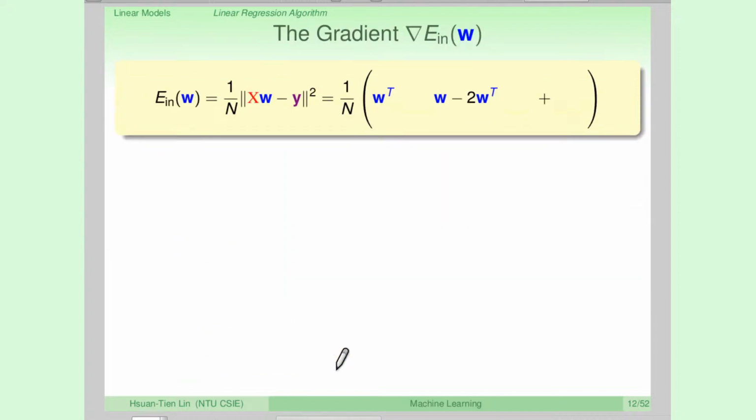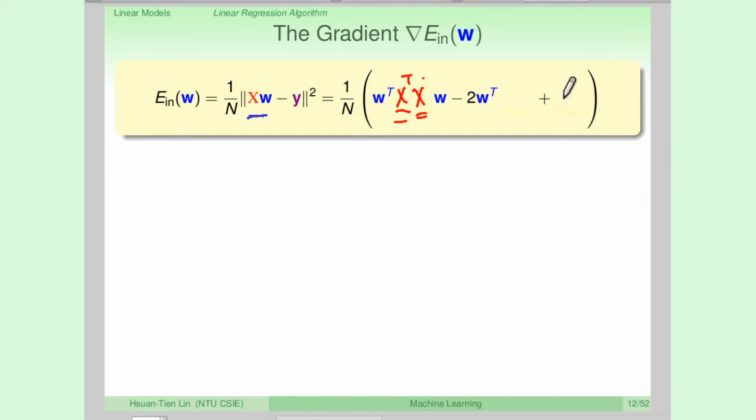Now, how do we calculate this gradient of E_in? We can again expand the matrix form that we have with math we have learned in our linear algebra class. Expanding this, we would have a quadratic term, and the coefficient of the quadratic term is basically X transpose X. That's like this first term expanded by a square.